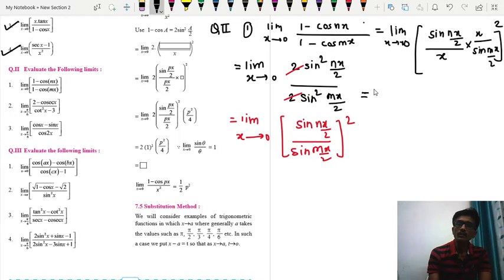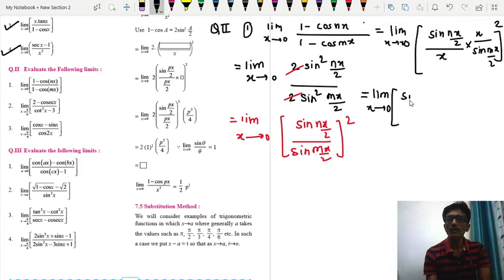What is required over here: sine of nx upon 2 and here nx upon 2, into here mx upon 2 and sine of mx upon 2.